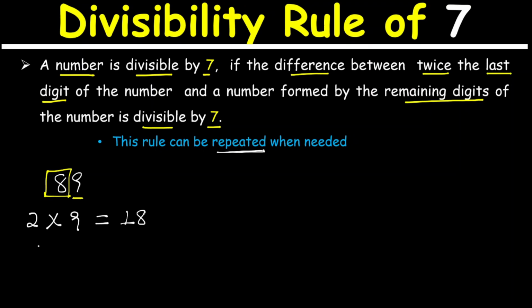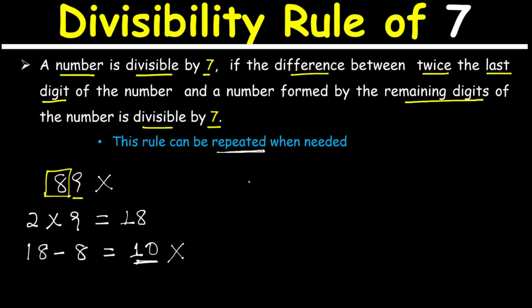Now let's calculate the difference. 18 minus 8 equals 10. We know that 10 is not divisible by 7 because 10 divided by 7 is 1 and it has a remainder of 3. Therefore, since 10 is not divisible by 7, 89 is also not divisible by 7.